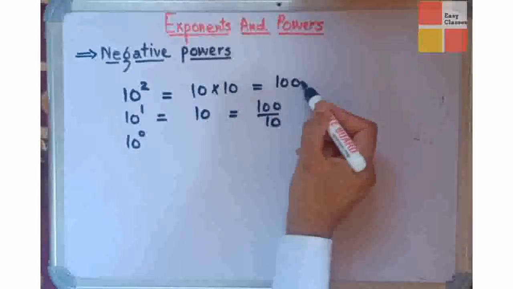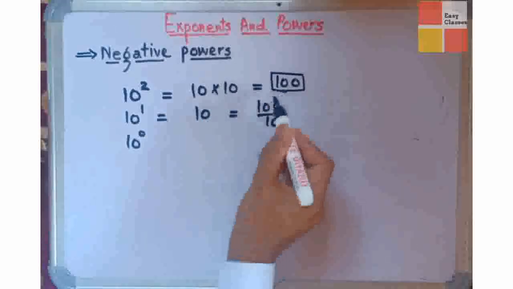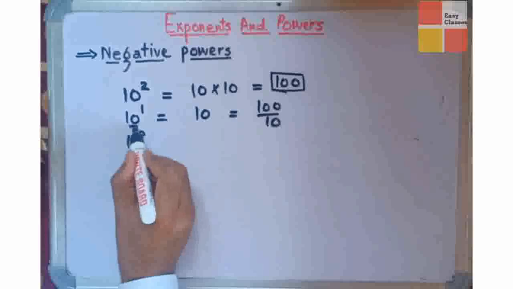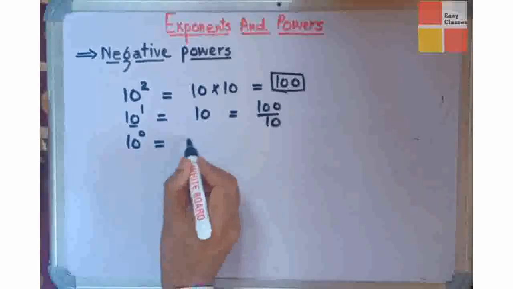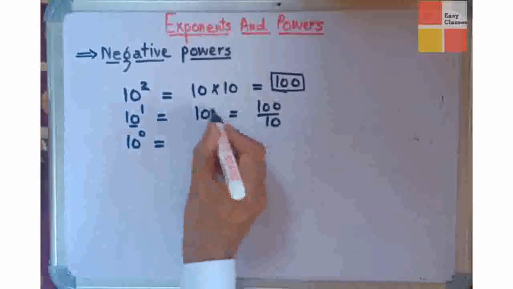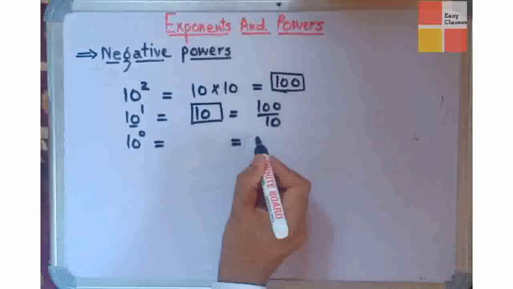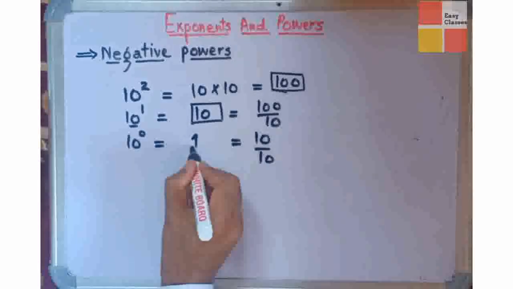10 is equal to the previous value, 10 raised to power 2 का जो वैल्यू आया, that is 100, इसको हम वही बेस जब डिवाइड करेंगे so we will get this 10. Now 10 raised to power 0 will be the previous number, which is 10, divided by the base, so 10 divided by 10 is equal to 1.